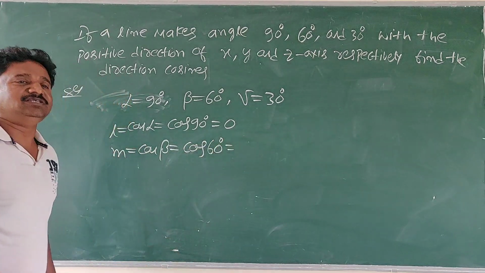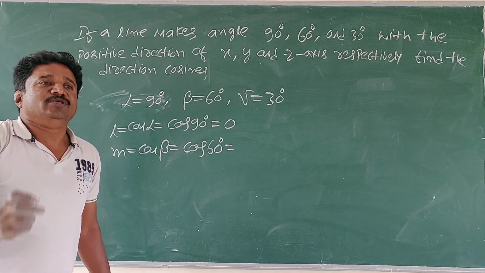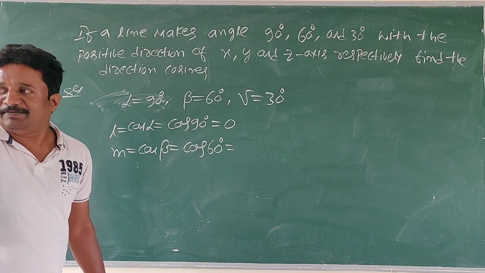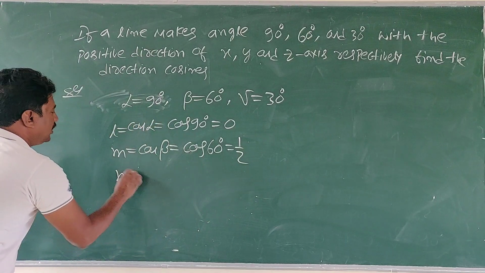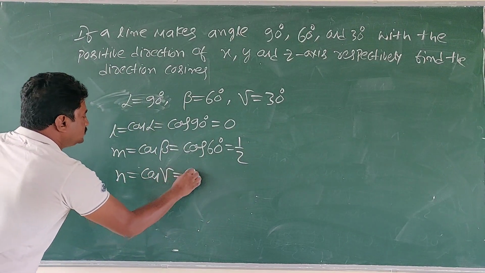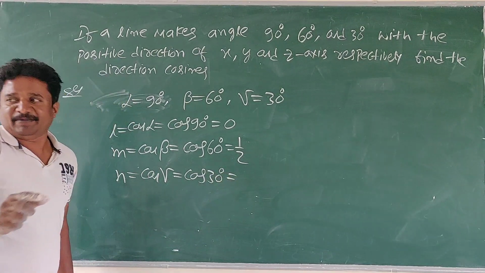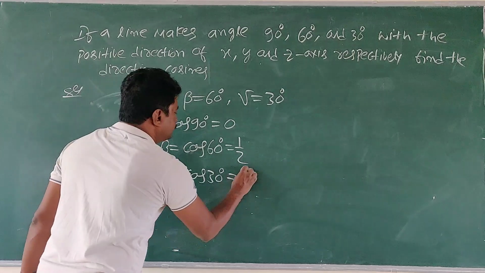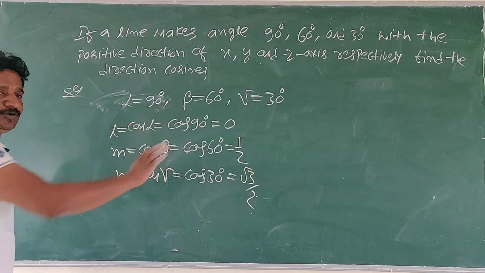Sin 60 is root 3 by 2. If sin 60 is root 3 by 2, how much will cos 60 be? 1 by 2. So n equals cos gamma, that is cos 30 degree. Sin 30 is 1 by 2. Cos 30 is root 3 by 2. So the answer is 0, 1 by 2, root 3 by 2.